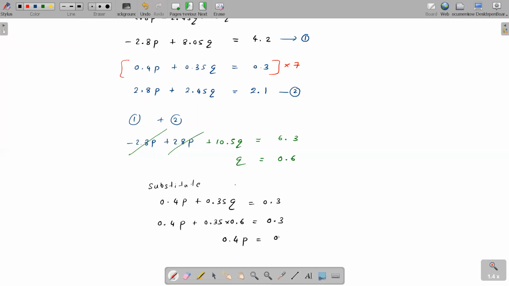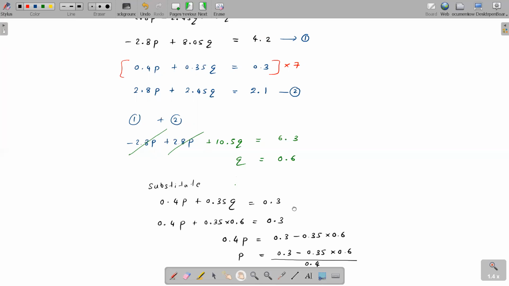So 0.4p equals 0.3 minus 0.35 times 0.6. Then p equals that whole thing divided by 0.4, right? How much is the answer? 0.225. P, the final answer for p, right?